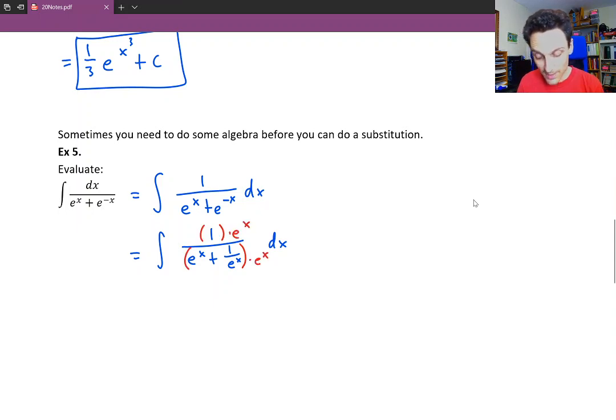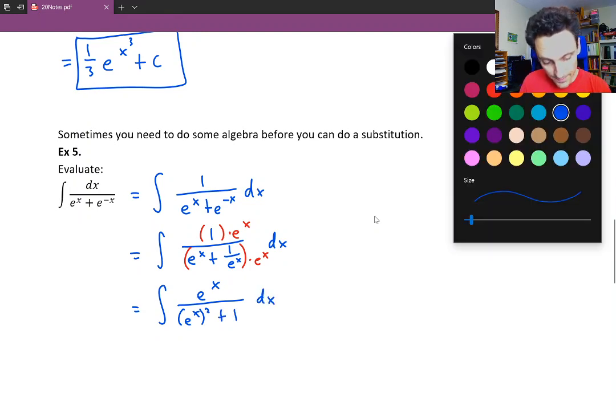But that especially is going to help out because it's going to give us an e to the x to be with the dx. And that's going to be what we can use for our substitution. So here we're going to get the integral of e to the x over e to the x quantity squared plus 1 dx.